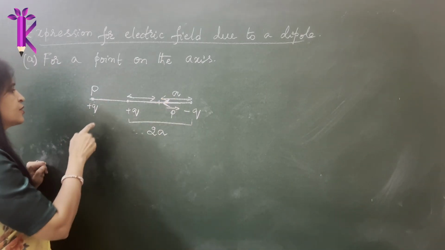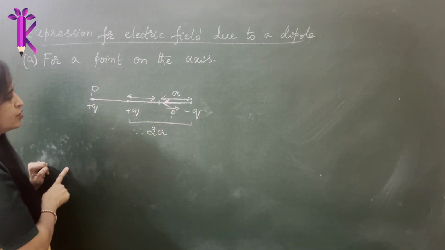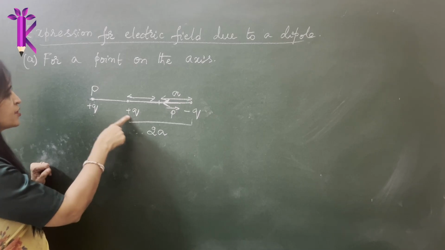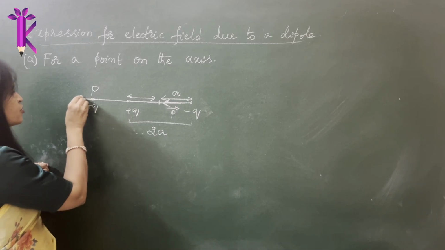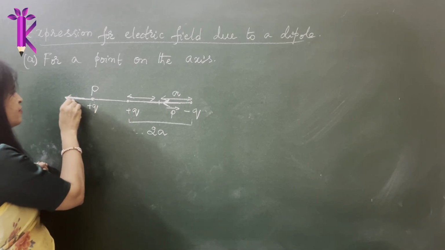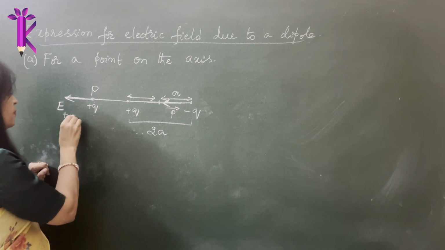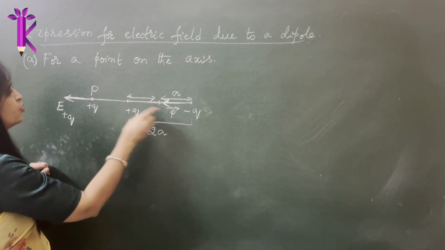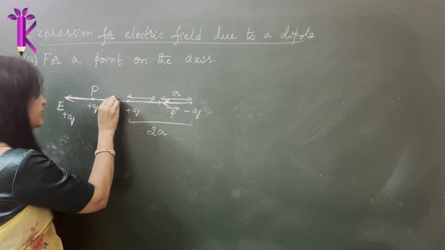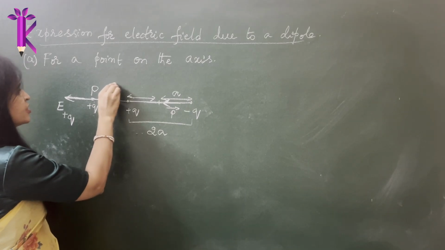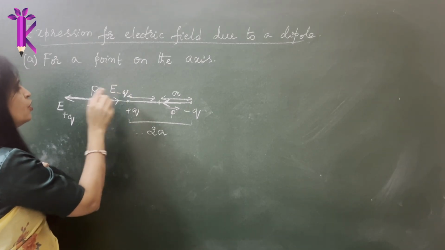Now, what will be the direction of the electric field? Due to plus q, which is closer, it just wants to repel farther and farther away. So this is the electric field due to plus q. What will be the electric field due to minus q? It gets attracted equally in the opposite direction. So this is the electric field due to minus q.